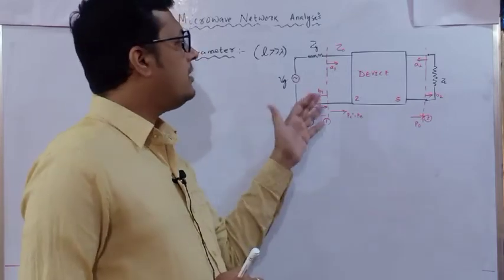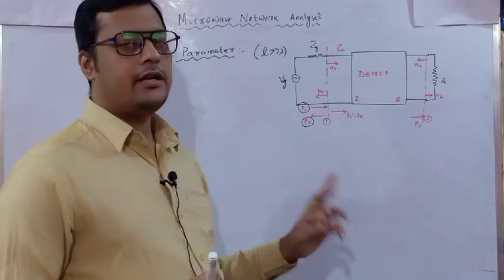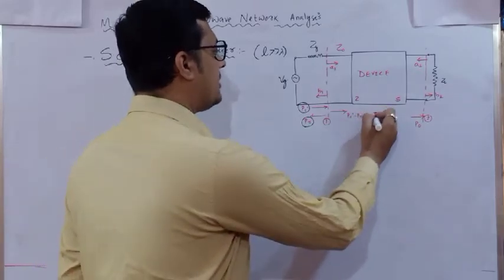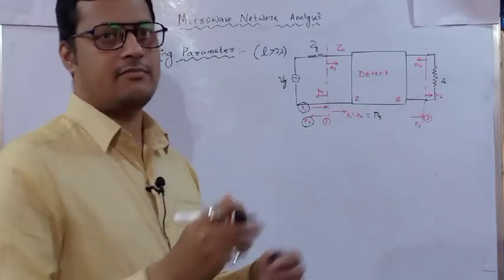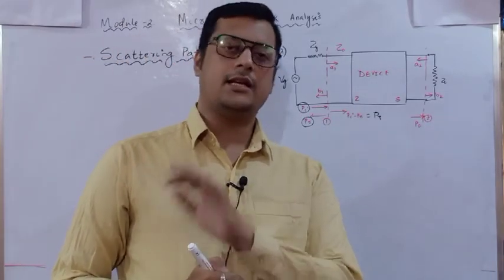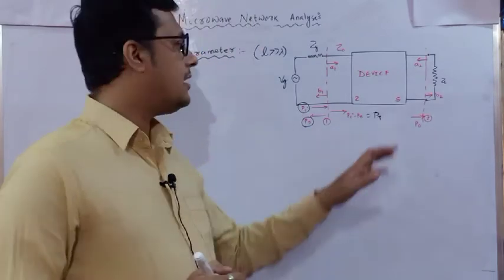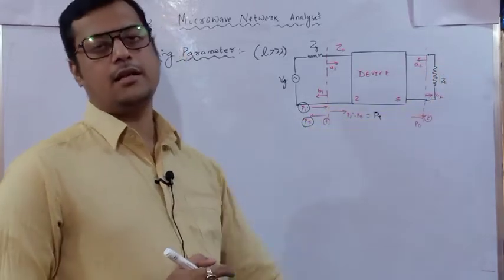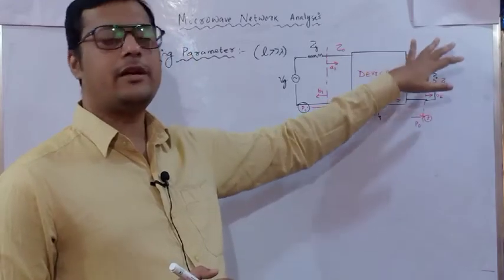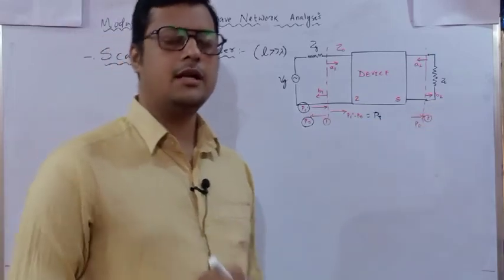And how much power we deliver at the load is the incident power minus the reflected power, which is called the transmitted power. If that is subtracted with the reflected power, then that is the total power we deliver at the load. And if the load has only impedance, that means no input power from the load, so the power available will be with respect to B2. That also we will discuss now.